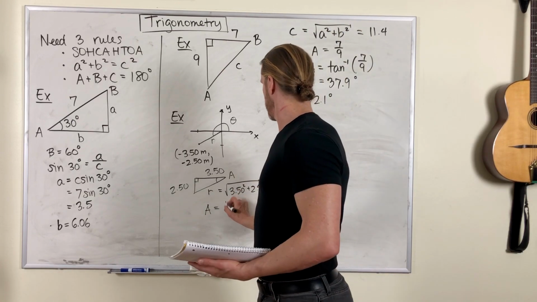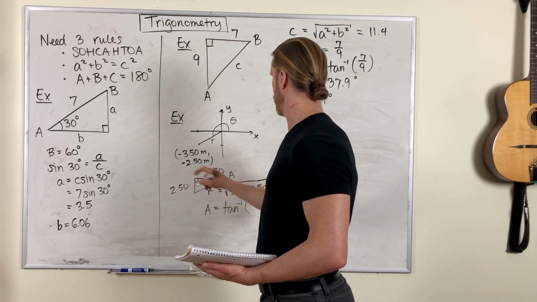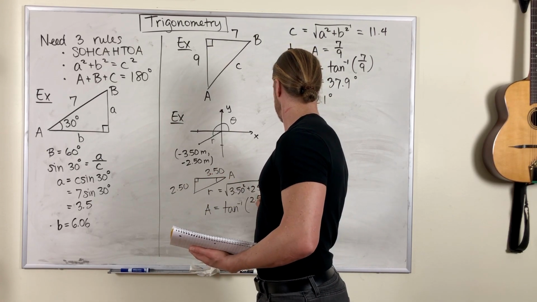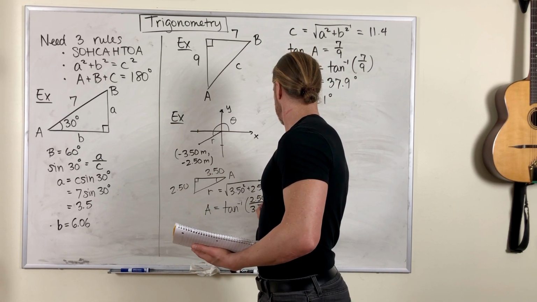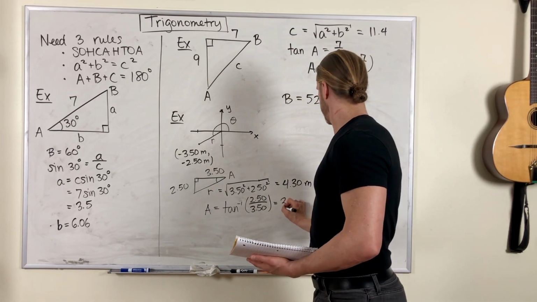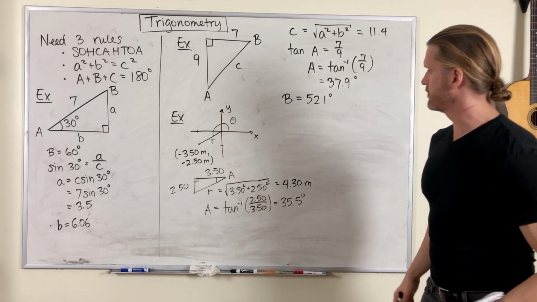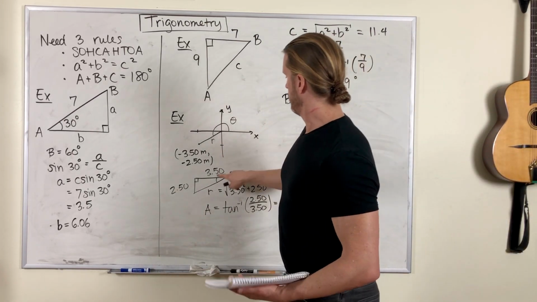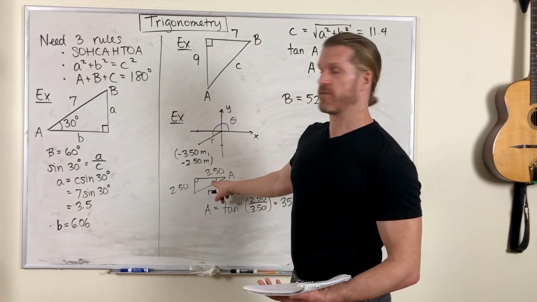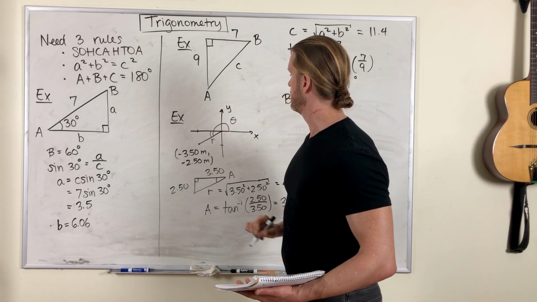And this angle in here, I'll call it angle A, is inverse tangent, opposite over adjacent, or 35.5 degrees. So this angle A, 35.5 degrees, is this part.